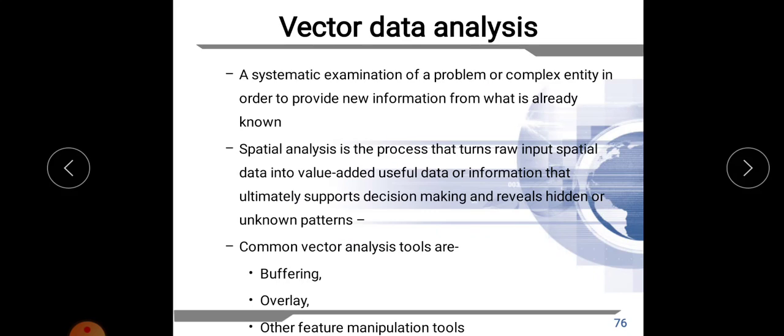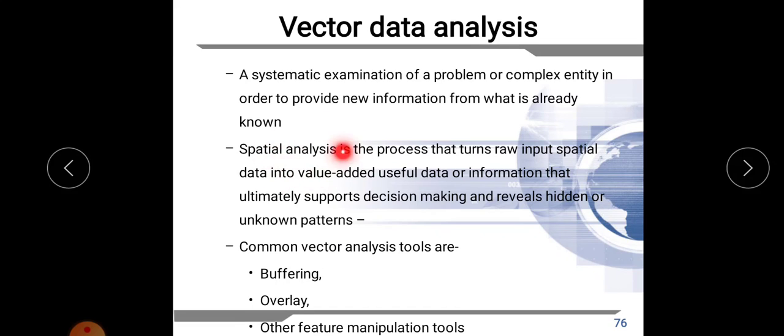And spatial analysis is the process that turns raw input spatial data into value added useful data or information that ultimately supports decision making and reveals hidden or unknown patterns. That is, our input spatial data is finally converted into information, and by analyzing this information we can make decisions and reveal hidden or unknown patterns. That is our final aim.